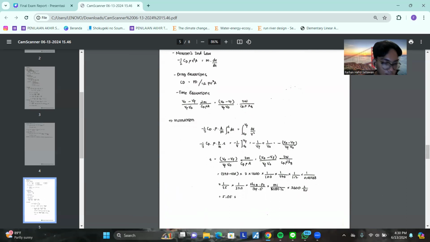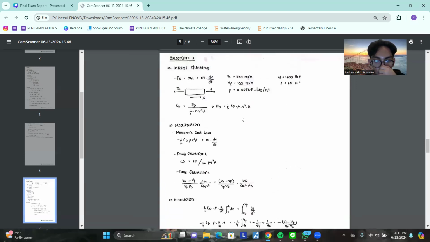Okay, so after that, we model the drag cube as a hemisphere with open end facing flow, and assuming the Reynolds number is greater than 10 to the power of 3. Lalu kita substitute with numerical values of this as we know about before.